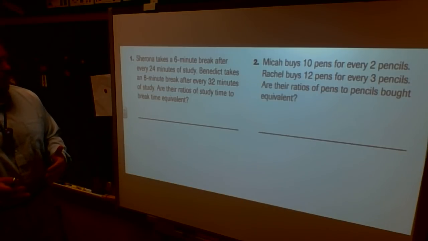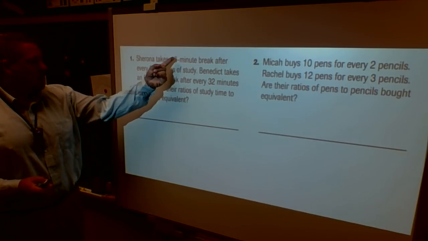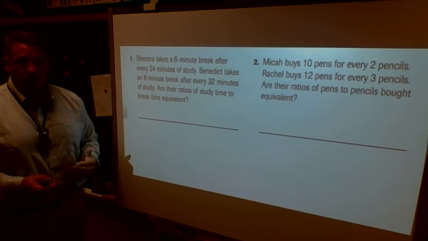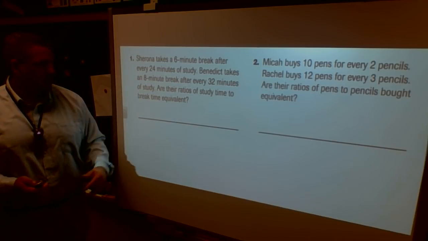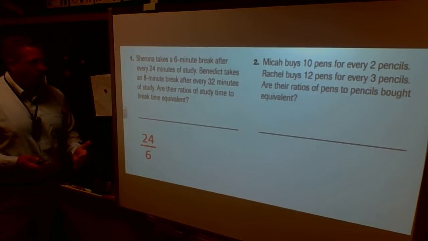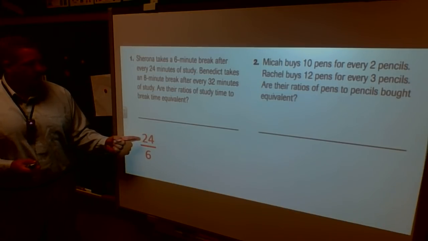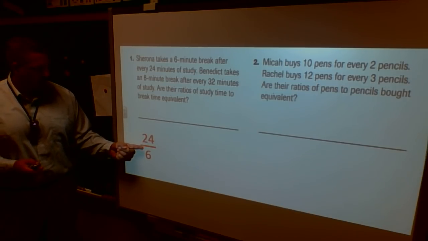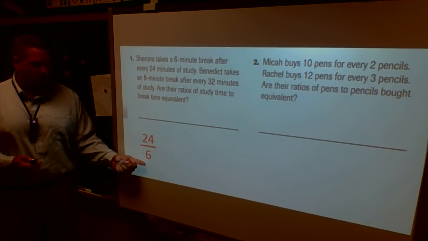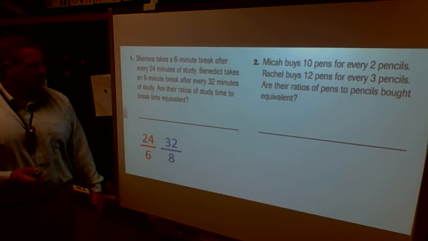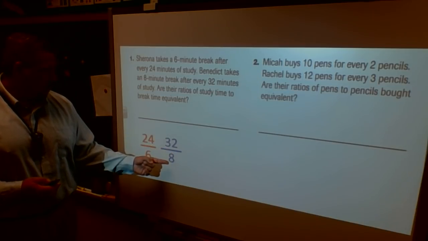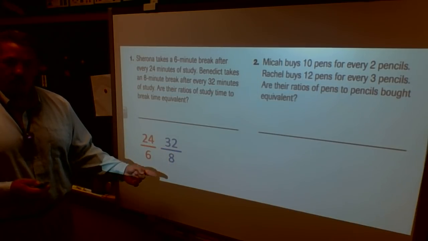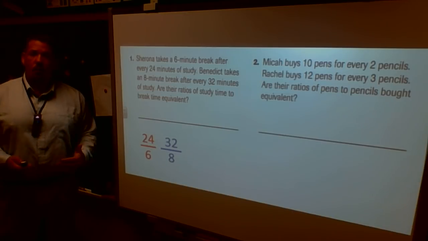My ratios that I'm looking at is a comparison of 6 to 24. Then I want to know if it's equivalent to a comparison of 8 to 32. When I set them up, I know I'm going to study for 24 minutes and then break for 6 minutes. When I talk about Benedict, I'm going to study for 32 minutes and compare that to an 8-minute break. Are these equivalent one to another?